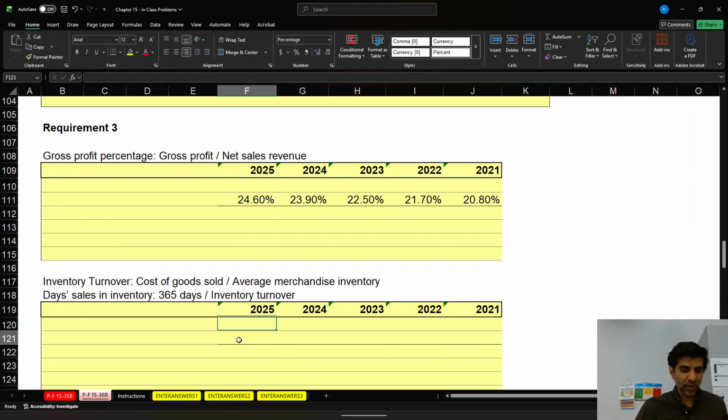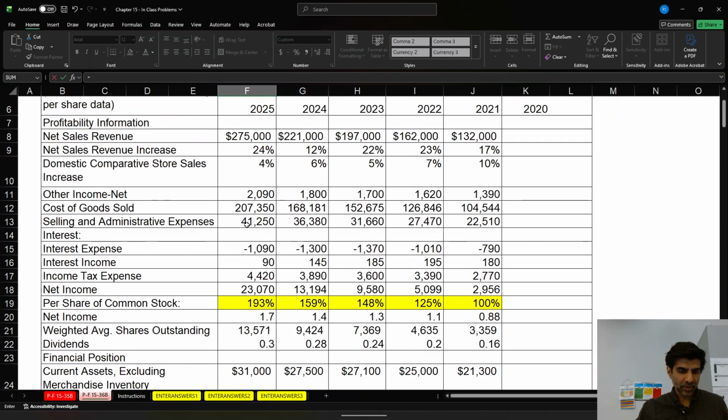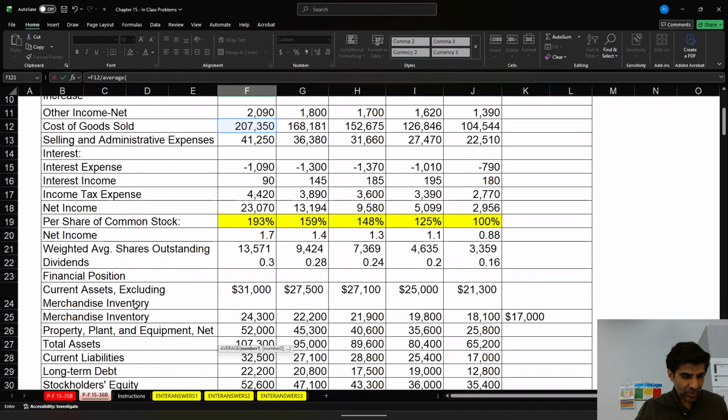The inventory turnover is equal to cost of goods sold, which is, again, here, cost of goods sold divided by our average inventory. So I'm going to use the average function. And for the inventory, you can see current assets excluding merchandise inventory is one line, and the second line is merchandise inventory.